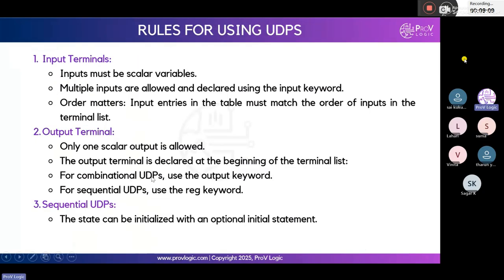So for combinational, UDPs use the output keyword. For sequential, the reg keyword. As you already know, we use the reg data type for sequential logic circuits, and the var data type for combinational logic circuits, right?